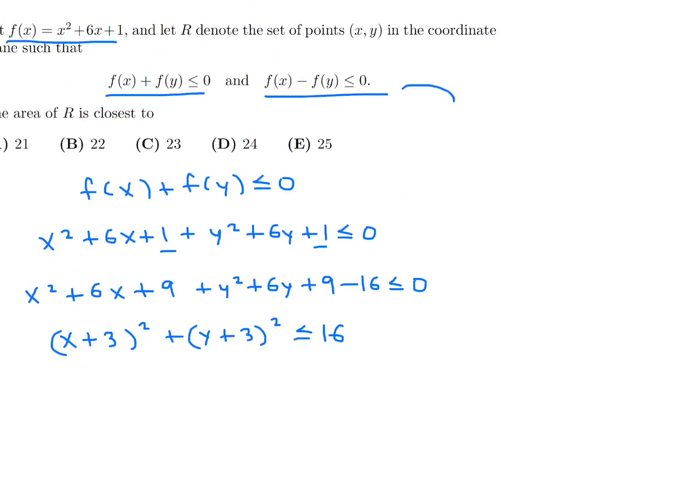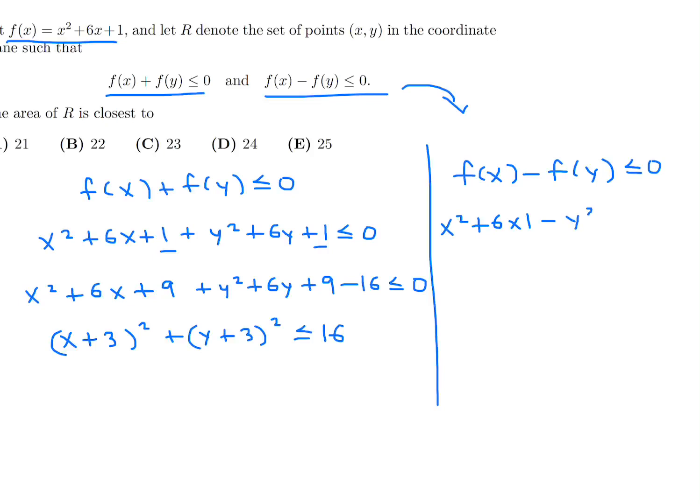Now let's deal with this guy right here. So we have f of x minus f of y is less than or equal to 0. So that means x squared plus 6x plus 1 minus y squared minus 6y minus 1 is less than or equal to 0. And let's see, this becomes x squared minus y squared plus 6x minus 6y, because the 1's cancel, is less than or equal to 0.